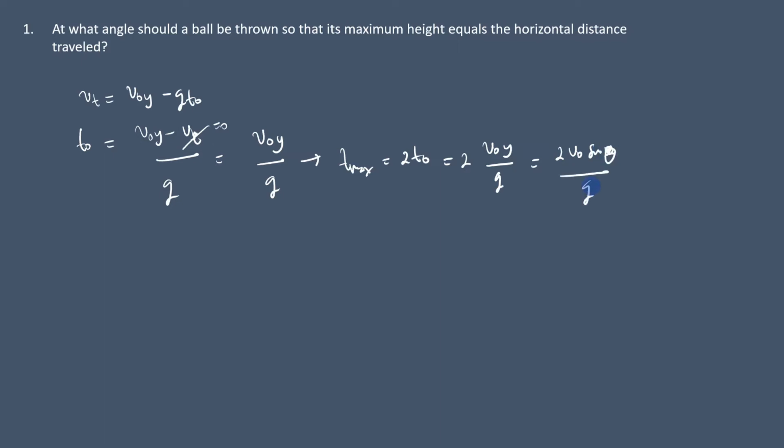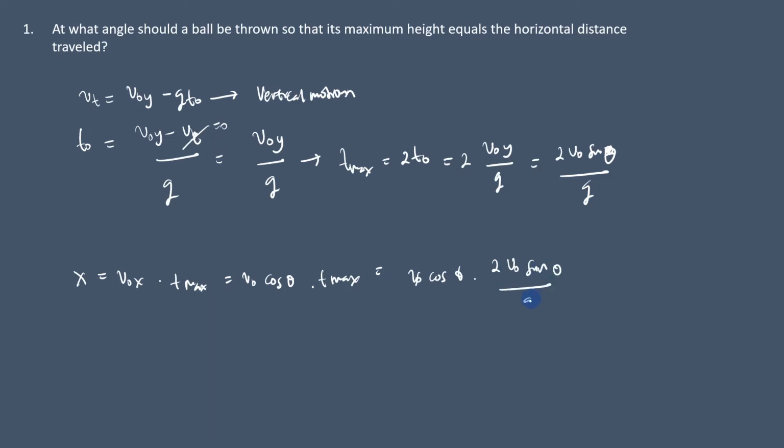So this is the time that the ball is in the air, and we know that the equation of horizontal motion yields the horizontal distance. This is the vertical motion. Horizontal motion yields the horizontal distance x equals Vox times T max, and we can substitute Vox by Vo cos theta times T max, and we can substitute T max by this term: Vo cos theta times 2 Vo sin theta divided by g.